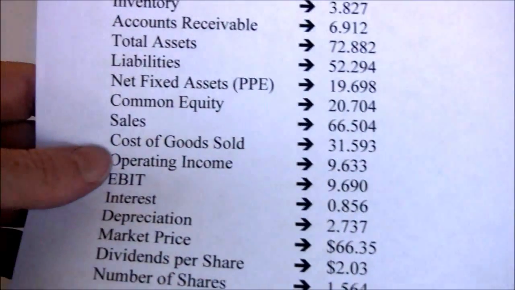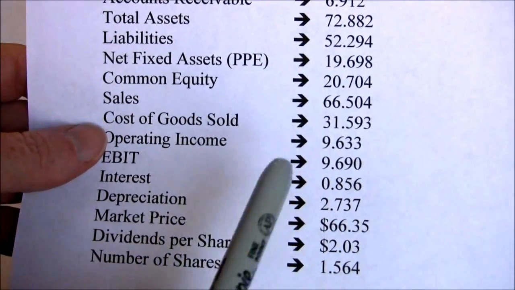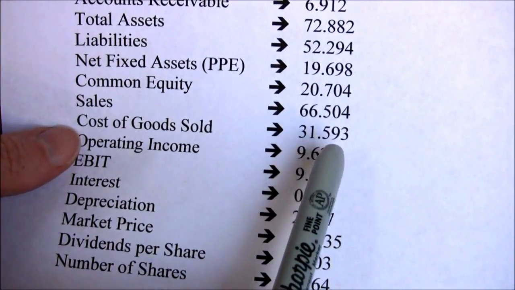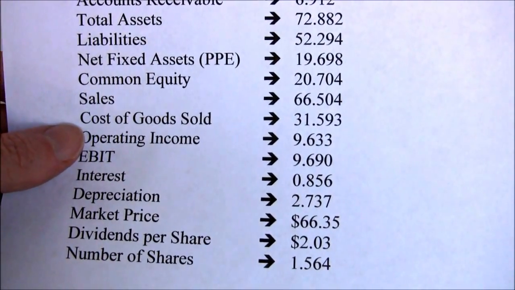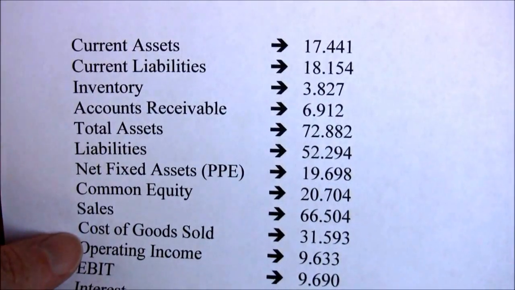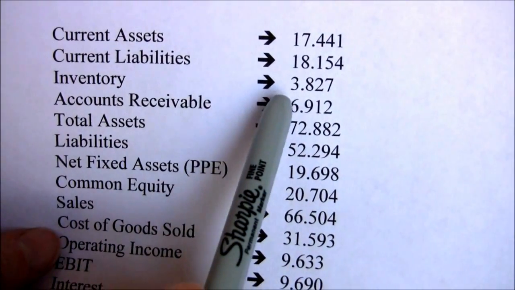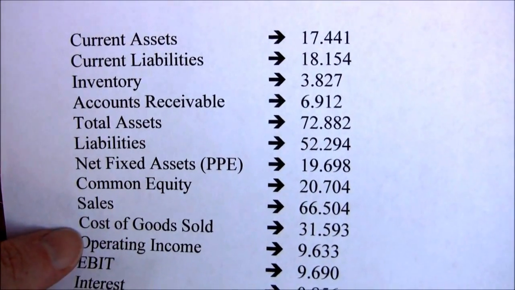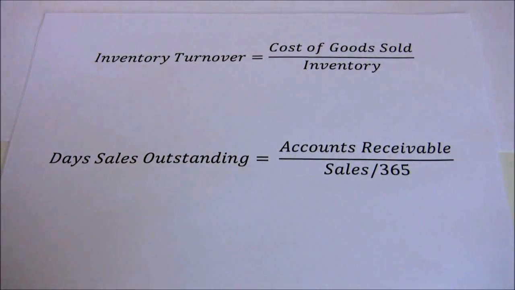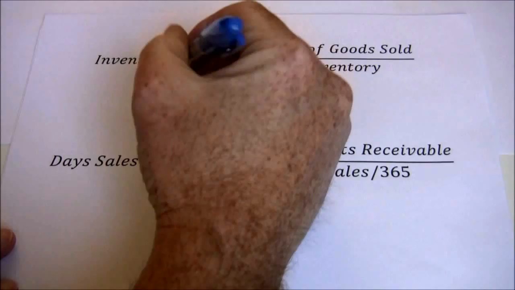So we need our cost of goods sold. We collected that as $31.593 billion from the 2011 income statement for Pepsi. And we also need our inventory, which we collected from the 2011 Pepsi balance sheet at $3.827 billion. So let's go ahead and set that up.